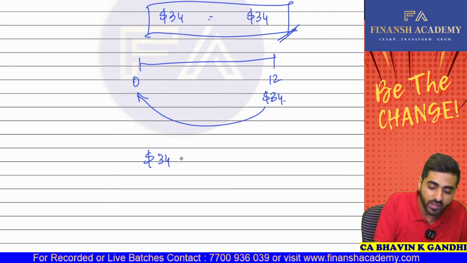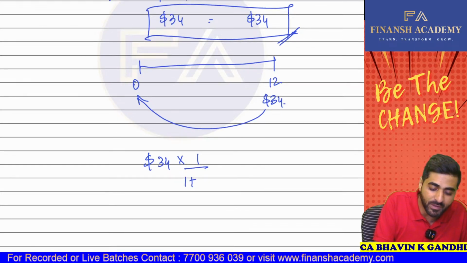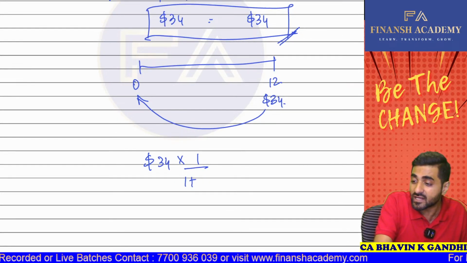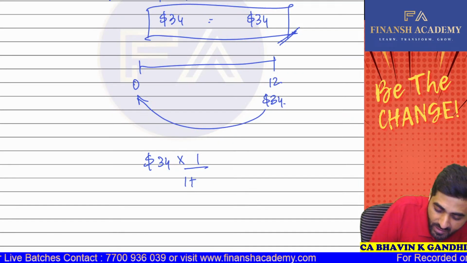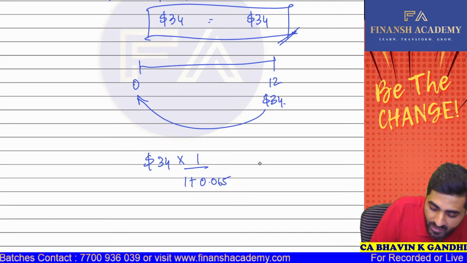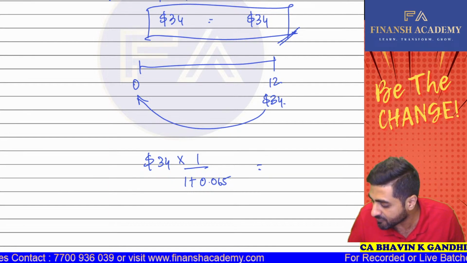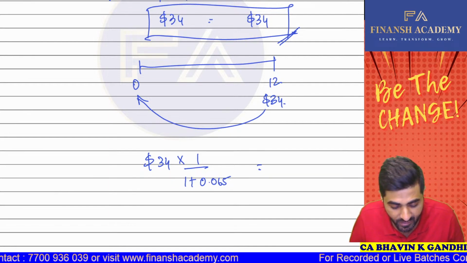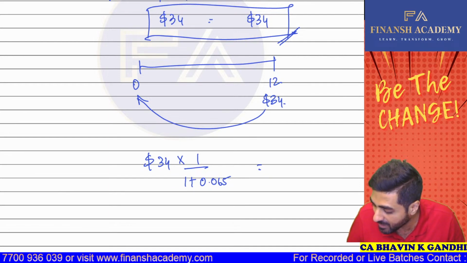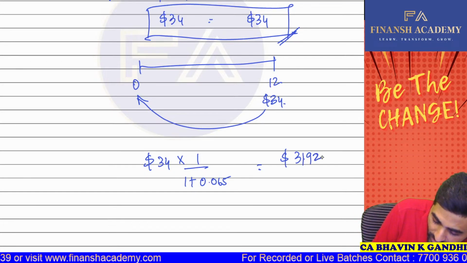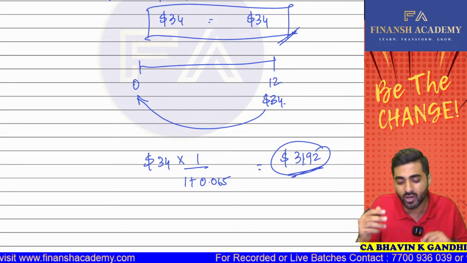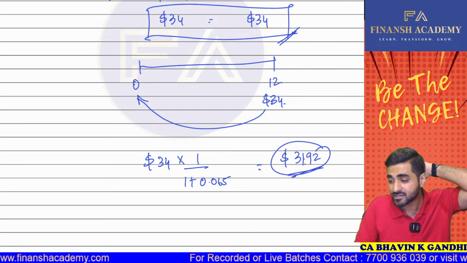So $34 into 1 divided by 1 plus the risk-free rate. The risk-free rate given to you in the question is 6.5%. So 0.065. So 1 divided by 1.065, and if I multiply it by 34, this will be $31.92.